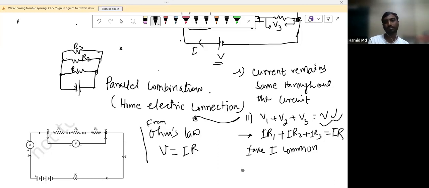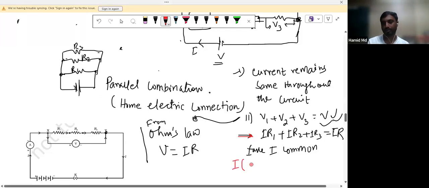Can you take I common from this equation? Can we take I common from this red arrow? Just take the common.